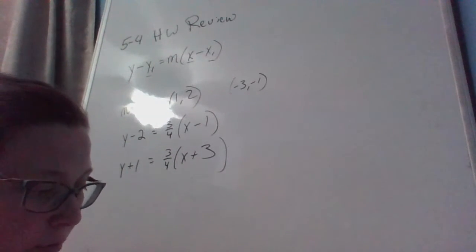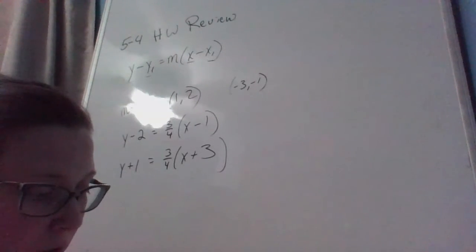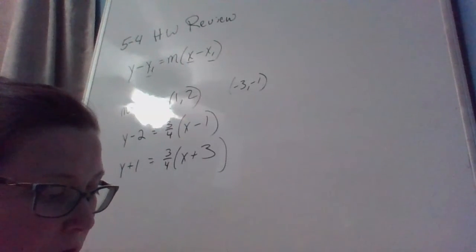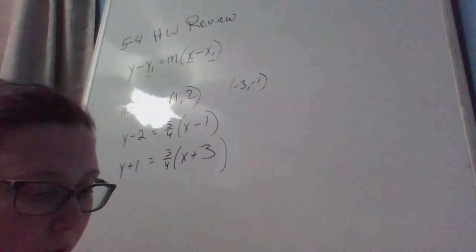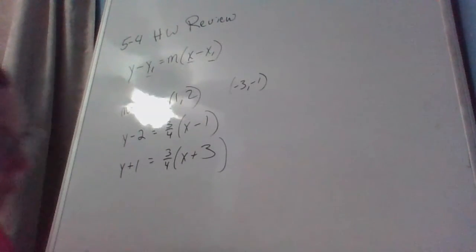Number 7, you're given two ordered pairs, and they ask us to write an equation. Ooh, this one's good. Write an equation in point slope form and then write it in slope intercept form.